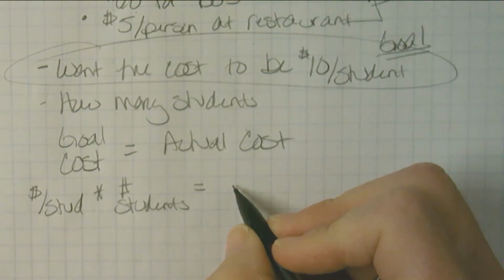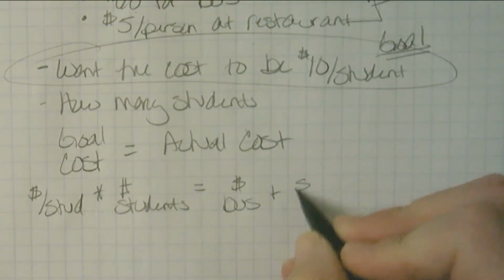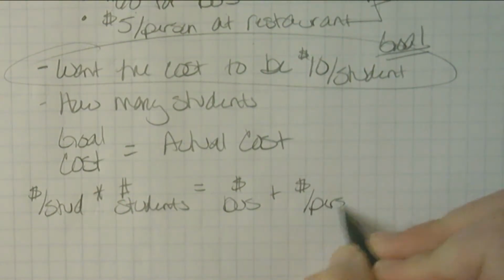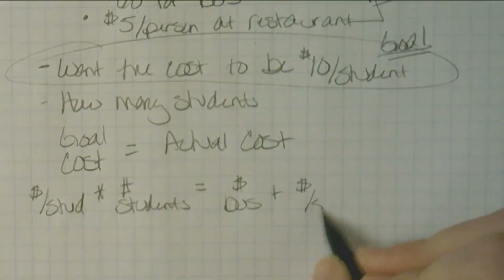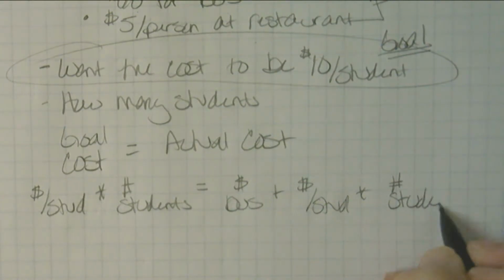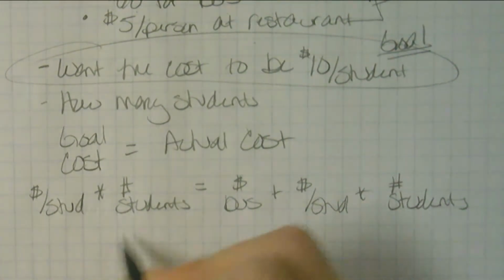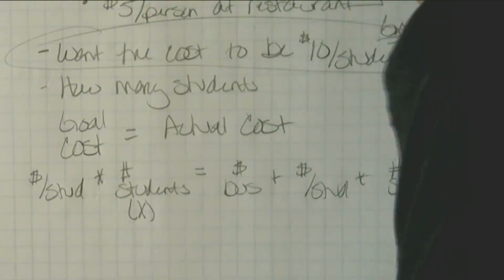The cost of a bus. So this is the cost of my bus plus cost per person for a buffet, times the number of people. Excellent. So cost per student times my number of students. Excellent. Well, I don't know my number of students, so there are my x's.